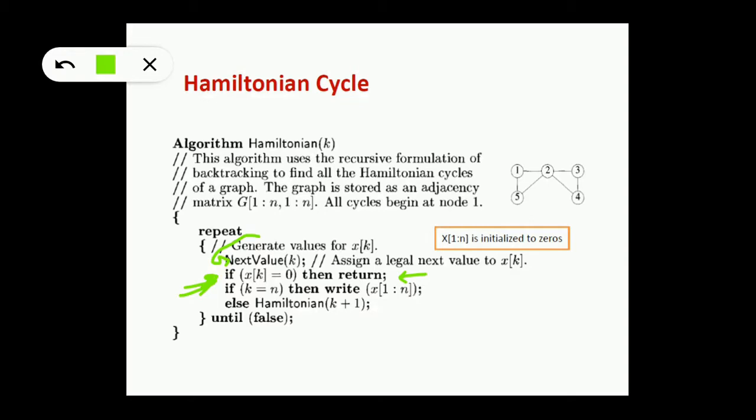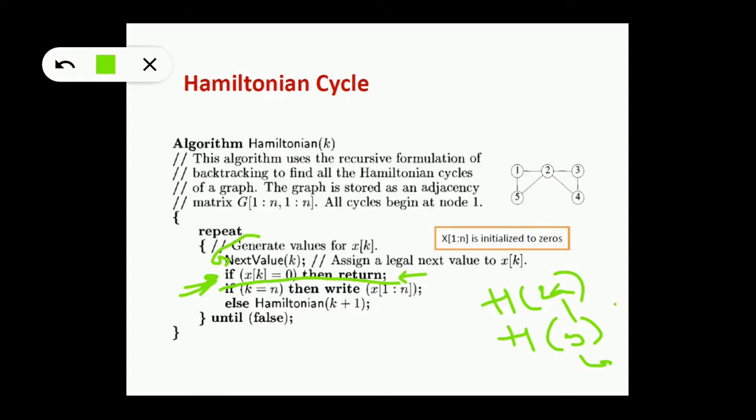So for example, if I am computing Hamiltonian of 3 and I find that I have no other vertex to reach after vertex 3, then x of 3 will yield the value 0, wherein I'll have to backtrack to the function call Hamiltonian of 2. So please remember that the statement if x of k is equal to 0, then return performs backtracking.